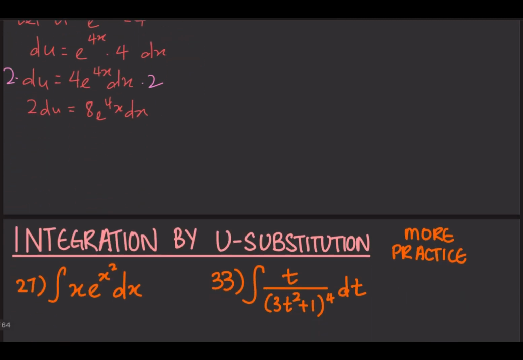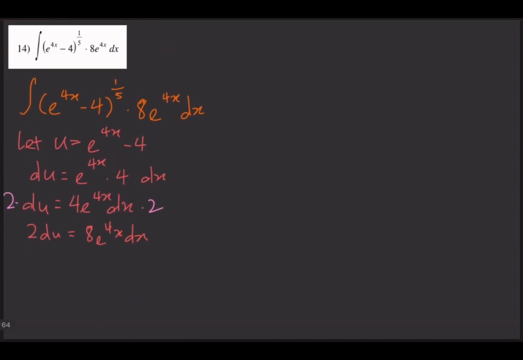And now that you get 8e^(4x) dx, it cancels each other out, right? So you got 2 du, right?